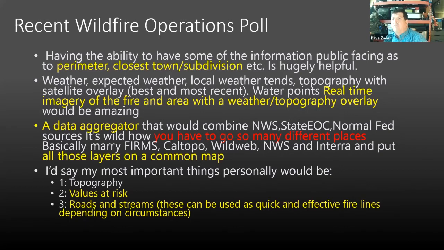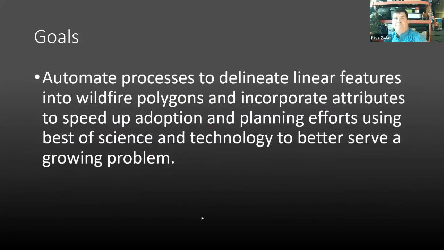So if we could have a way to aggregate all that data and lay it on a common map or common system. And this is the theme that came up: almost everyone wanted to know where the values at risk were, and the roads and streams, essentially defensible features or linear features that we could fight fire from. Those were the two most requested items to show up on a map.